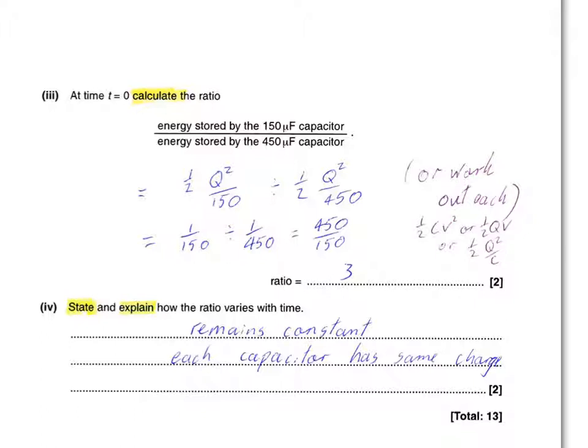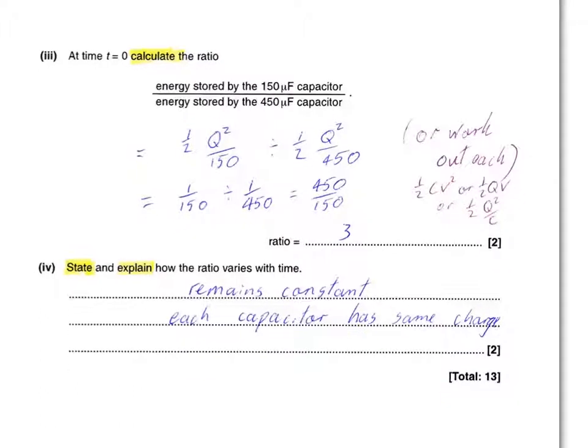Your alternative here would simply be to use half CV squared or half QV for each of the two capacitors. You'd end up at the same point but have to have done more sums along the way. And then finally we're asked to state and explain how that ratio varies with time. Now if you've done it by the half Q squared upon C method, it's very, very obvious that the ratio was just the capacitance over the capacitance.